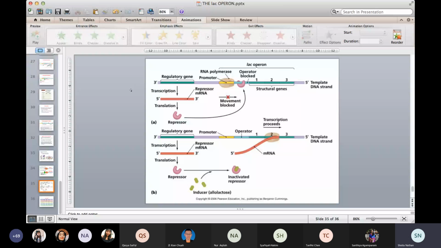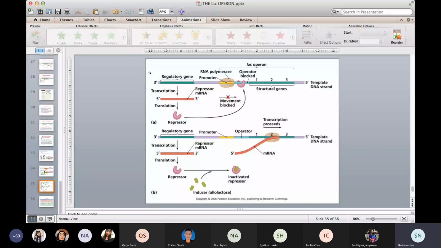So it can no longer bind to the operator. It is inactive. So now there's nothing here to block the movement of the RNA polymerase. So RNA polymerase will come and bind and move along the genes to produce the mRNA for Z, the mRNA for Y, and the mRNA for A.